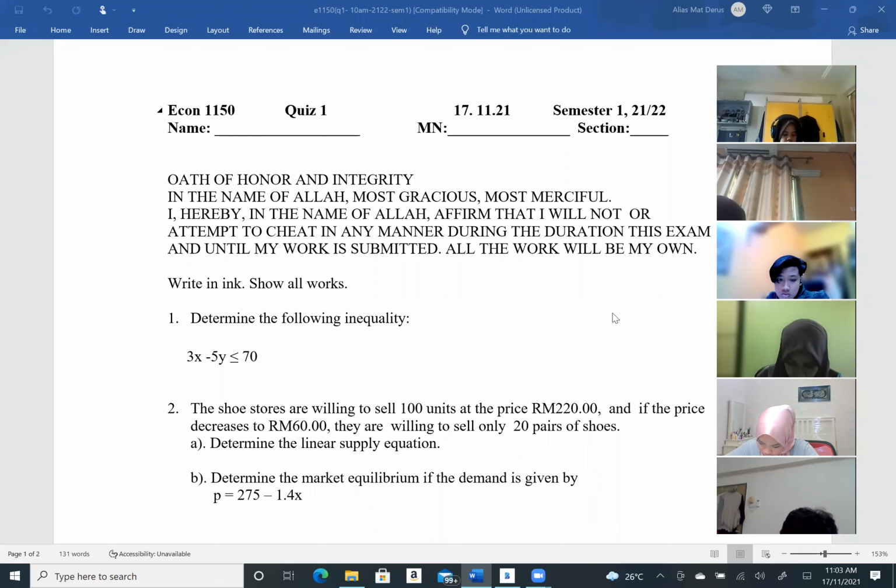For part B, you just show the points. You just find the equilibrium. Show the condition and then set equilibrium. The graph is not needed. If you want, you can sketch it, but it's not needed for the answer.